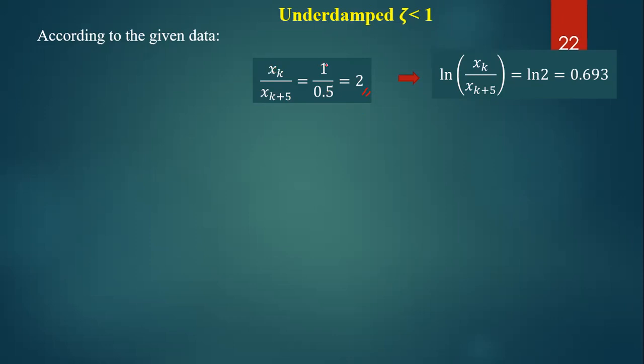That is, the amplitude is reduced to half, so we can get this value. So ln of this value is equal to 0.693, and ln of xk over xk plus 5 is equal to 5 delta. We have this equation from the previous one.